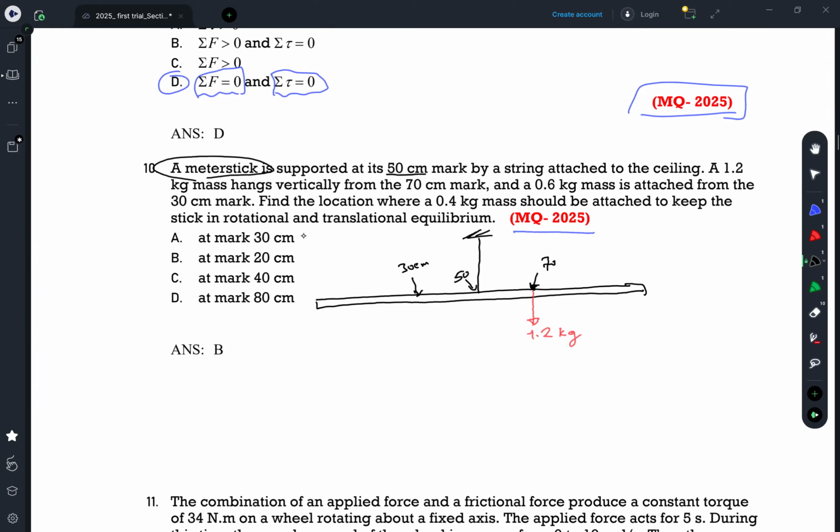And another mass is suspended, which is equal to 0.6 kilogram. Now, both are at the same distance to the tension force. So in the rope, we have a tension force.